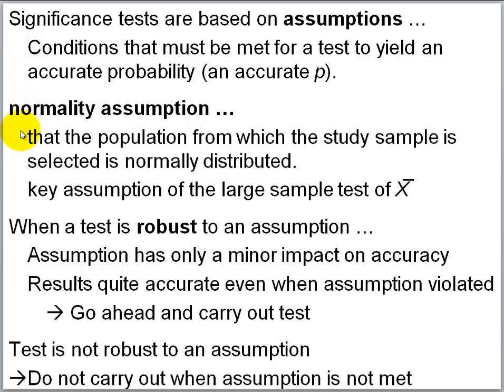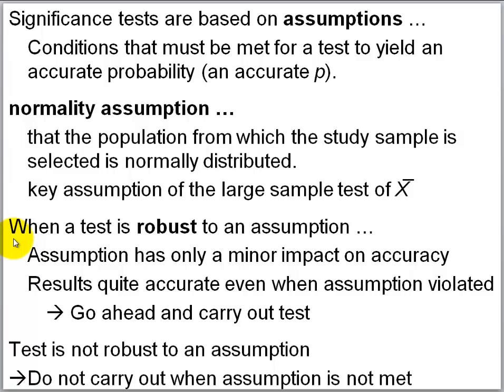Now, an important assumption in statistics is the normality assumption. And this assumption is that the population from which the study sample is selected has a normal distribution. This assumption is a key assumption of the large sample test of the mean.